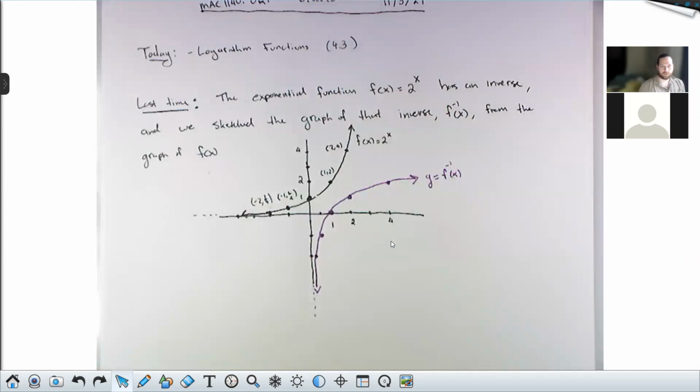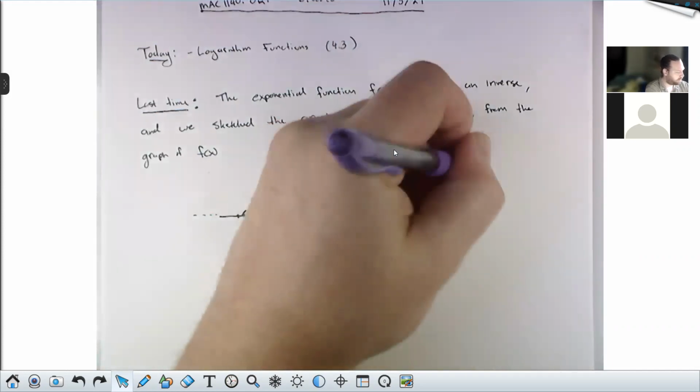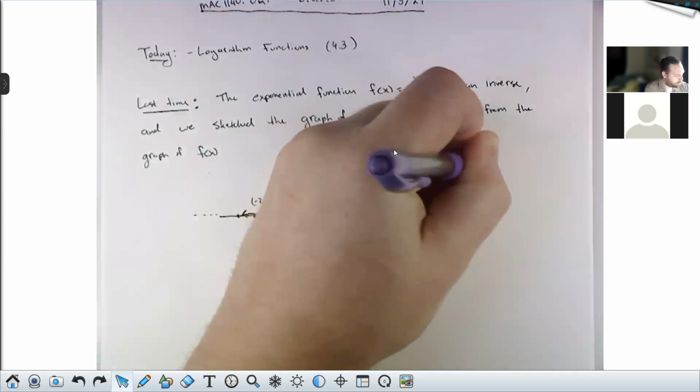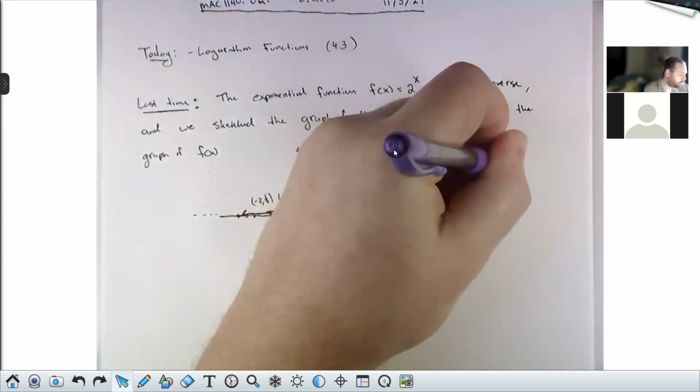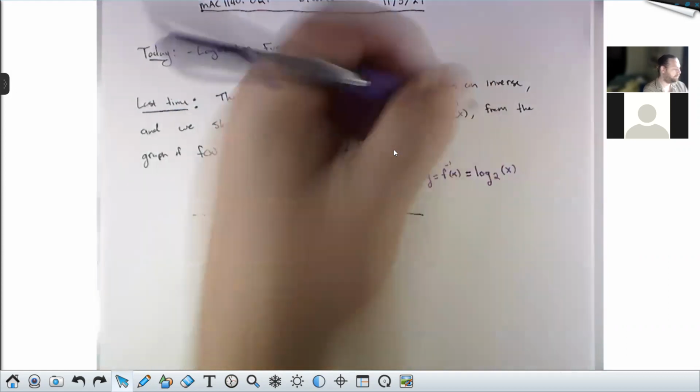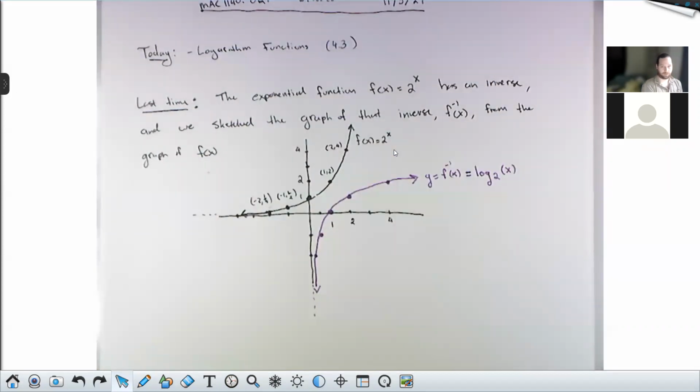And it turns out that this inverse function has a name. The inverse of the function 2 to the x is called log sub 2 of x. That's the name of this function. And I'll explain what all of this means.